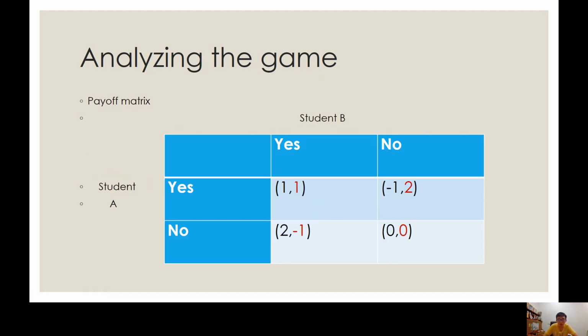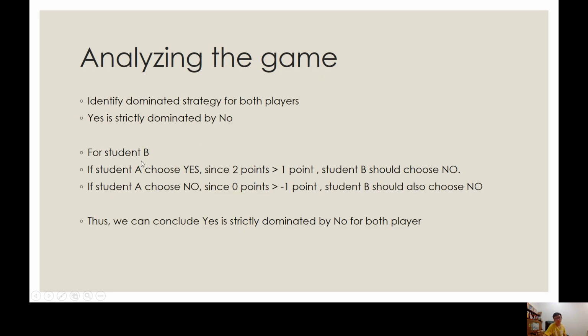Next, we need to see from the perspective of student B. For student B, the payoffs are also similar. Choosing no is also better than choosing yes. We need to give a more detailed explanation.